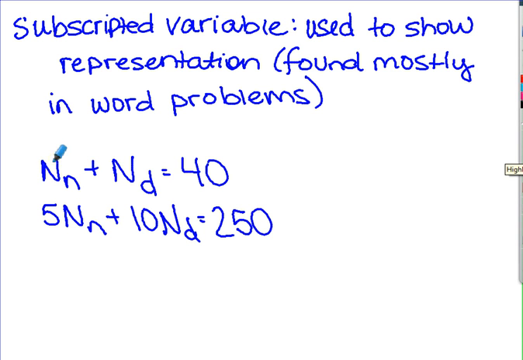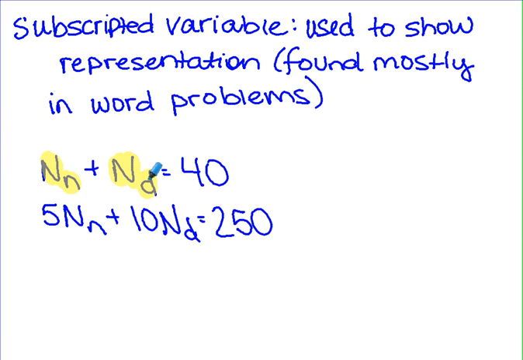For example, n sub n. The lowercase n is the subscript to the big N. N sub d. The d is the subscript to the N. So when we say n sub n, that's an N with a subscript of n. N sub d, that's an N with a subscript of d.